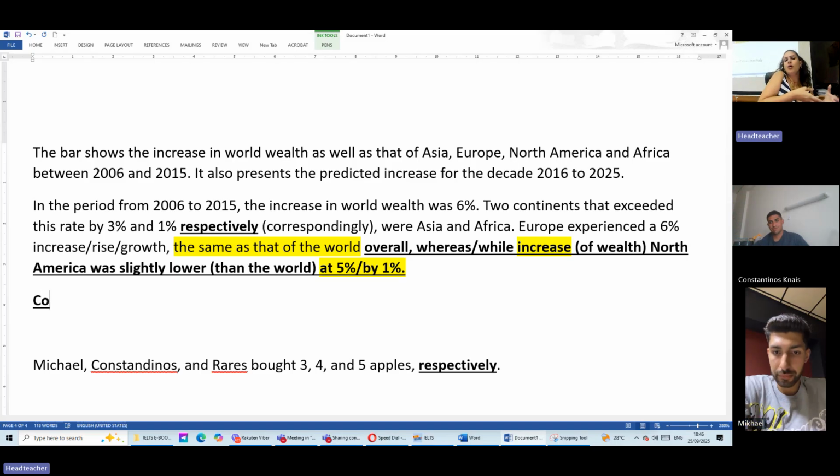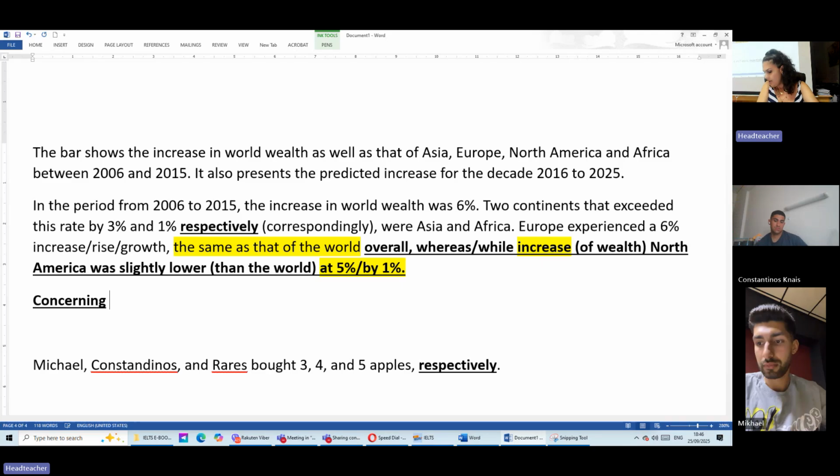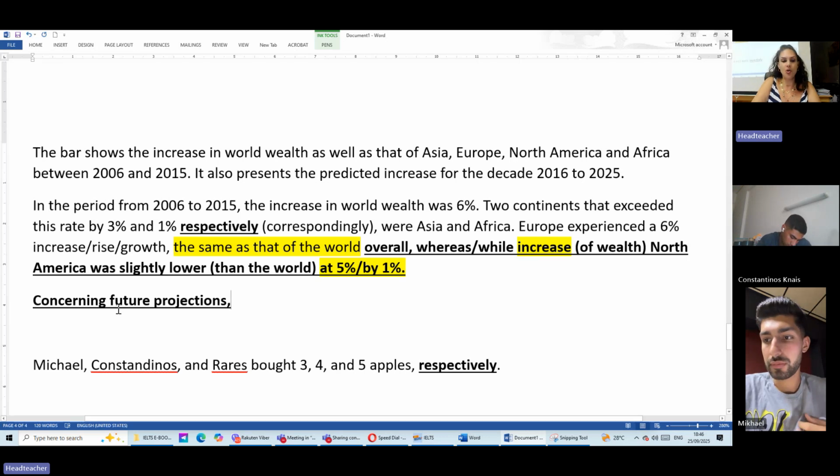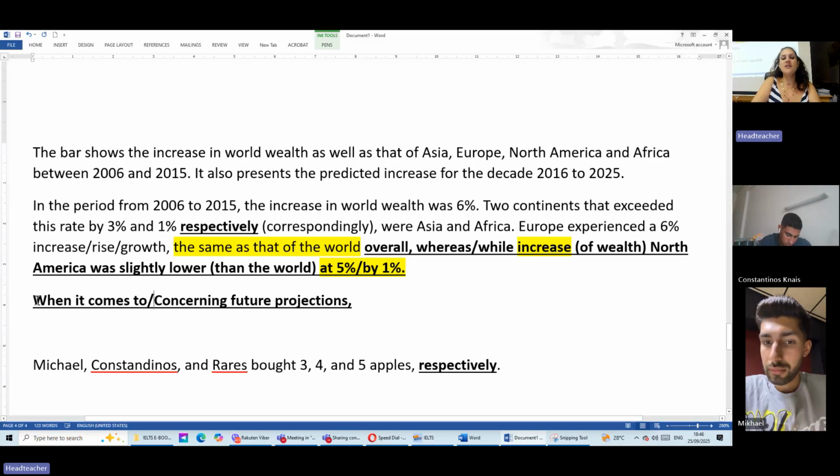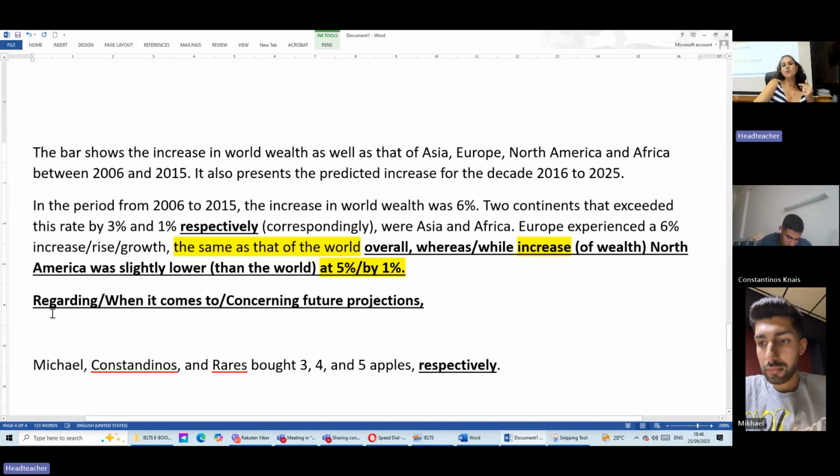So can you give me a word to start with? Like, for example, "when it comes to," "concerning future projections," or if you want, "when it comes to future projections," or maybe "regarding future projections," because you may need to use these words many times.